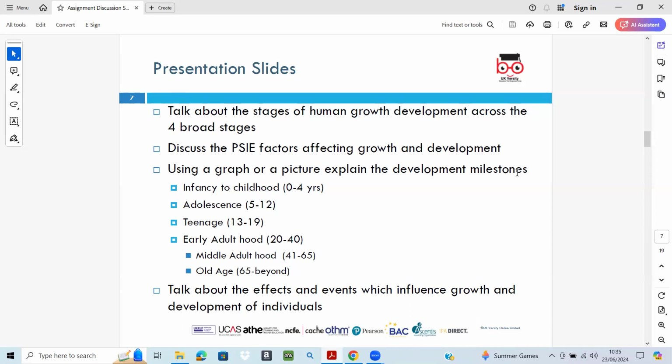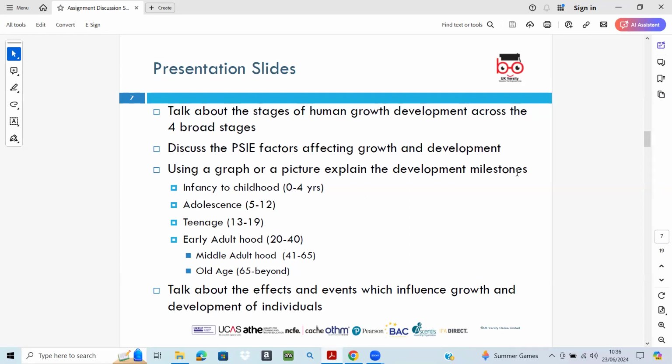Then we have slide 8 or 9, where we may go for old age, that is from year 65 and beyond. So we need to consider physical decline, retirement, and reflection on life accomplishments.